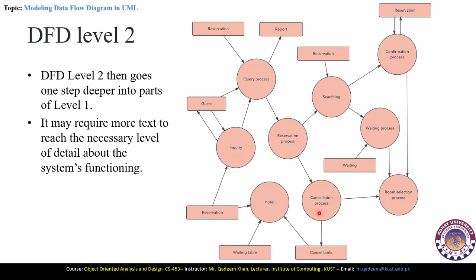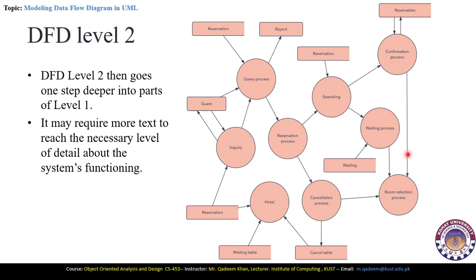And a cancellation process is involved by the guest. So first the guest will call the query process, then the reservation process, and then the cancellation process. Then the cancellation process will use the room selection process. The room selection process is called by the confirmation process.